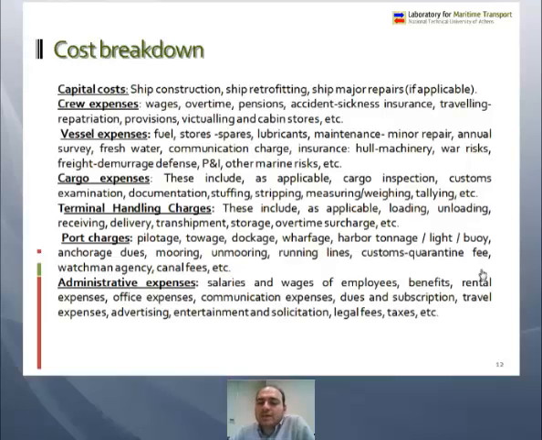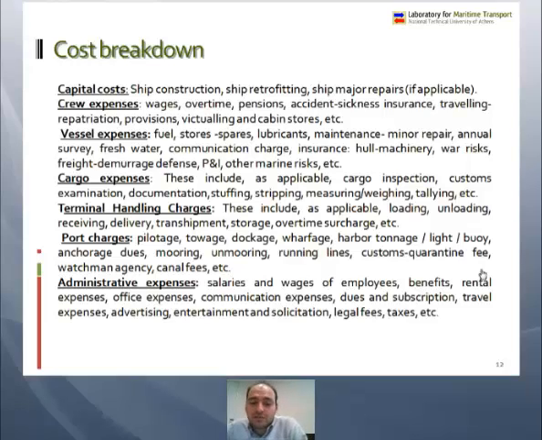Terminal handling charges are related also, when applicable, to operations like loading and unloading the vessel, delivery, transshipment, storage of cargo, overtime surcharges, and so on. Port charges are related to pilotage, dockage, and other costs, like mooring, unmooring, and so on, that are related with port activities that actually do not have to do with cargo handling.